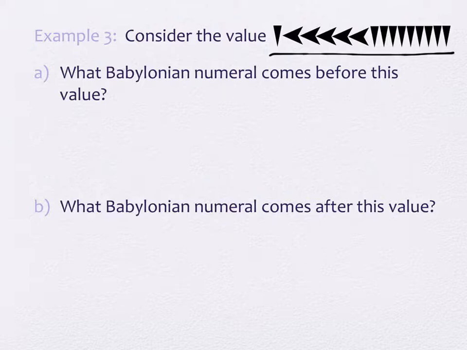But do you see that I have those triangles on the end that I was just talking about? Those are each value 1. So no matter what this digit or what this whole thing represents, that's not the question right now. The question is simply, how do I find the number that comes before? How do I find the number that comes after? And it's all about adding or taking away one of these triangles.